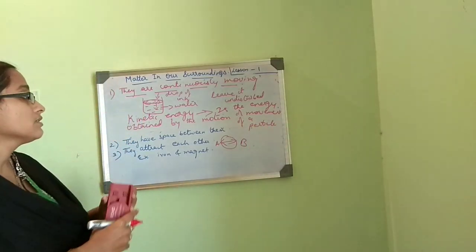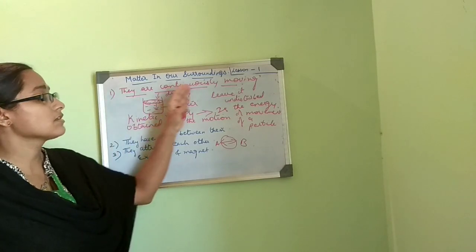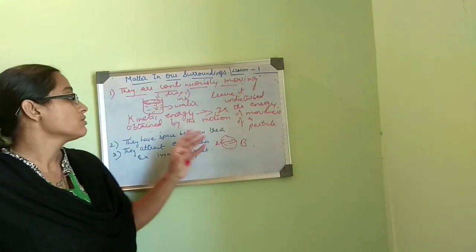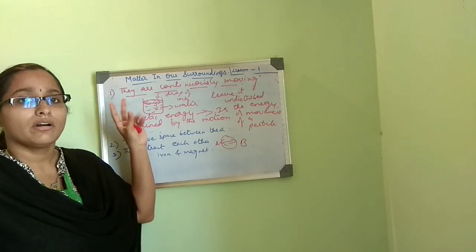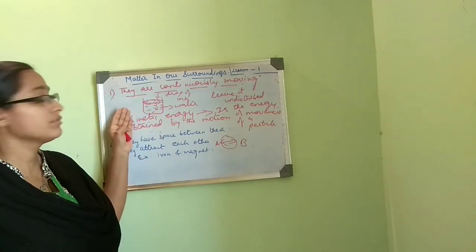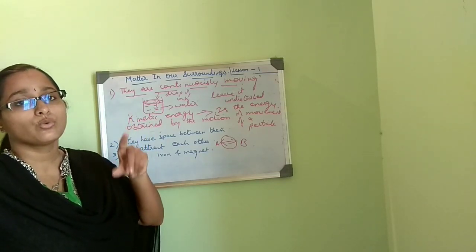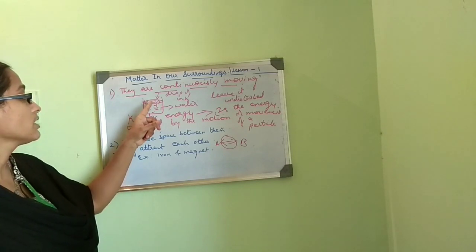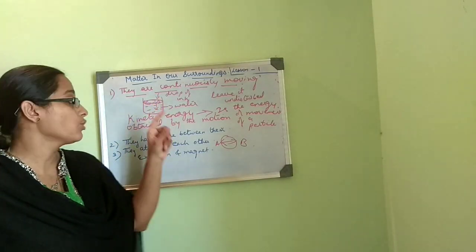So you can see that the first characteristic states that matter is continuously moving. With an example we have seen that we have a beaker of water and we left the water undisturbed for some time. Then we add one or two drops of ink to it, and there is a movement of water as soon as the drop of ink is poured into it.